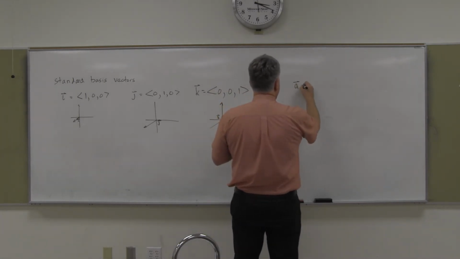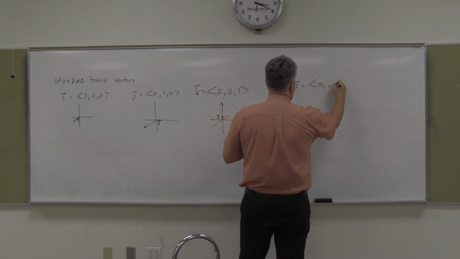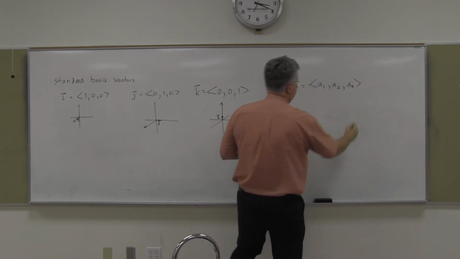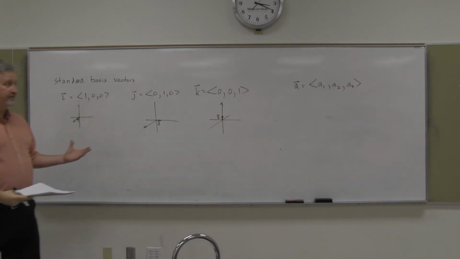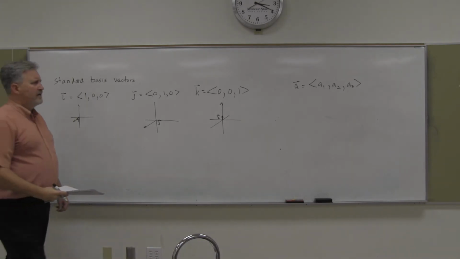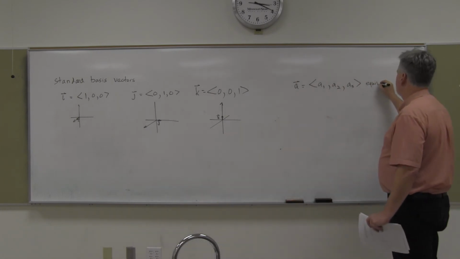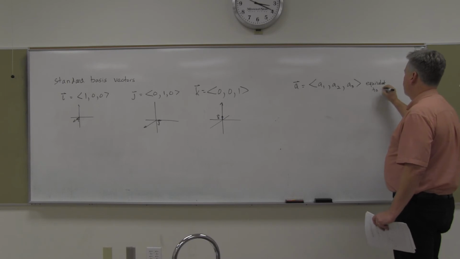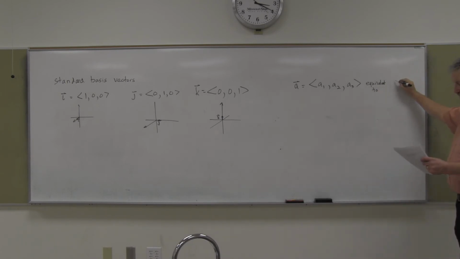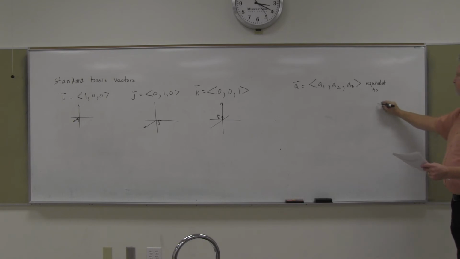If I've got A is A1, A2, A3, and here I'm doing these in 3 dimensions, but you can do it in 2 dimensions too, that would be equivalent to A equals A1 times the I vector plus A2 times the J vector plus A3 times the K vector.